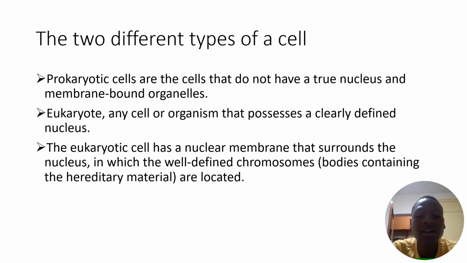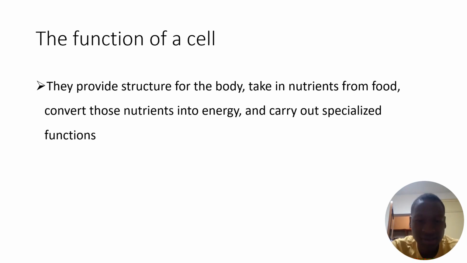The eukaryote cells have a nuclear membrane that surrounds the nucleus. Basically, the nucleus of the eukaryote is true, in which the well-defined chromosomes, bodies containing the hereditary material, are located. Those are the two different types of cells.